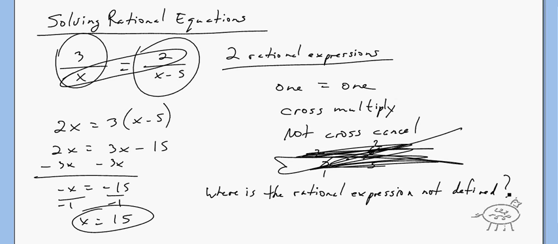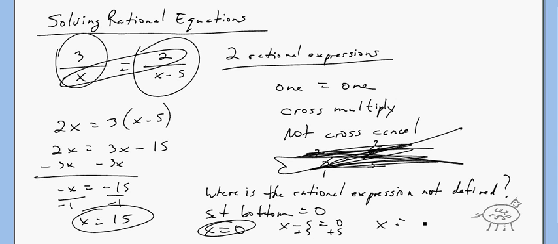What you're going to do is look at the bottom and set the bottom equal to 0. So for the first one, it's 3 over x, so x equals 0. And the next one is x minus 5 equals 0. I add 5 to both sides, and I get x equals 5. So it's not defined at 0 and 5.